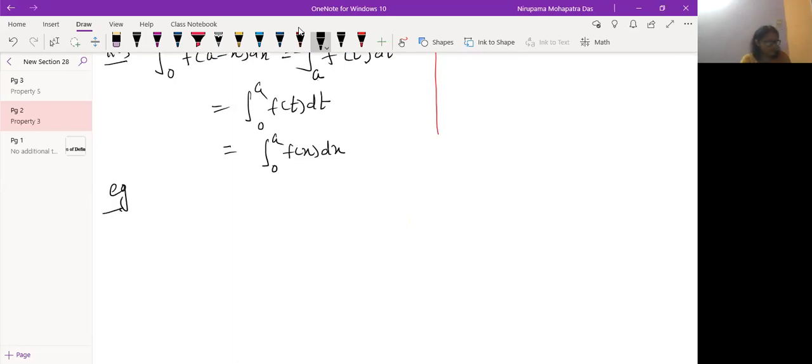So for example, let me show you by taking one example. As I said, this is one of the very important and most frequently used properties.